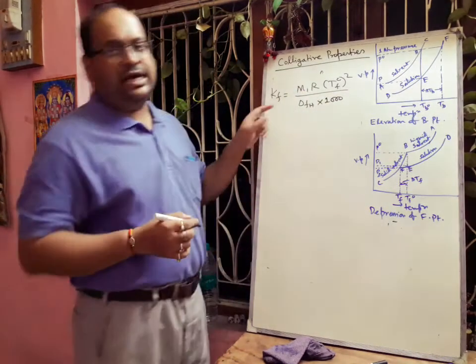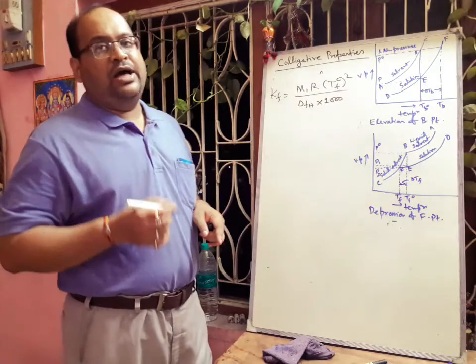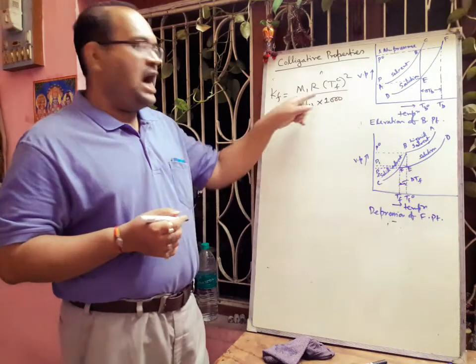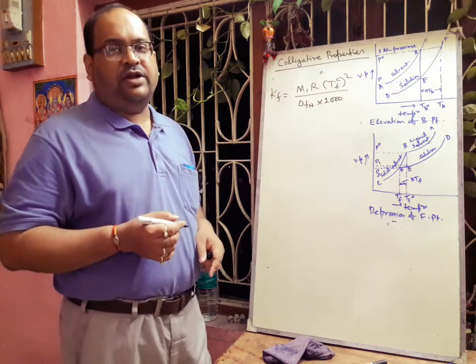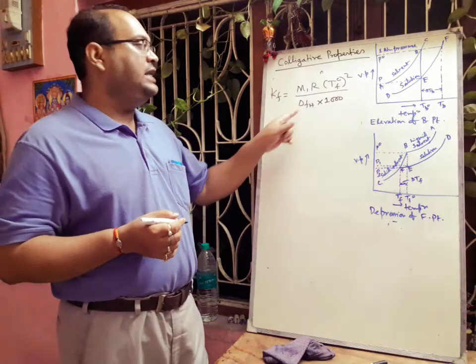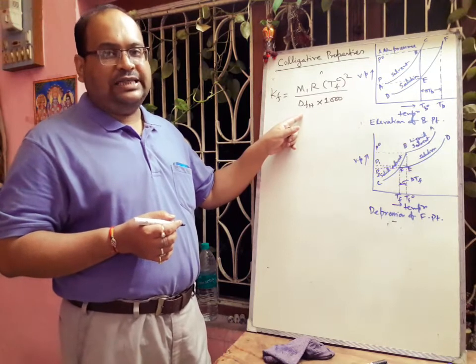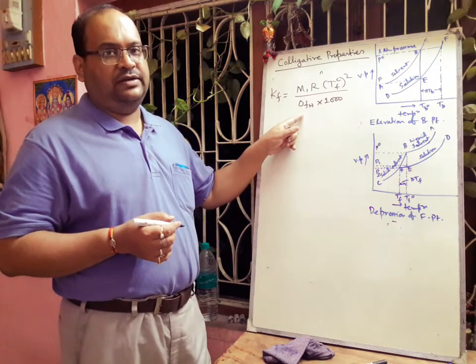In this relation, M1 is the molar mass of the solvent, R is the gas constant, TF0 is the freezing point of the solvent, and delta FH is the molar enthalpy of fusion of the solvent.